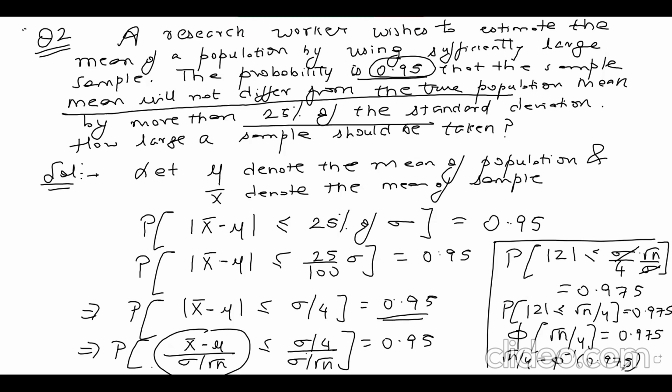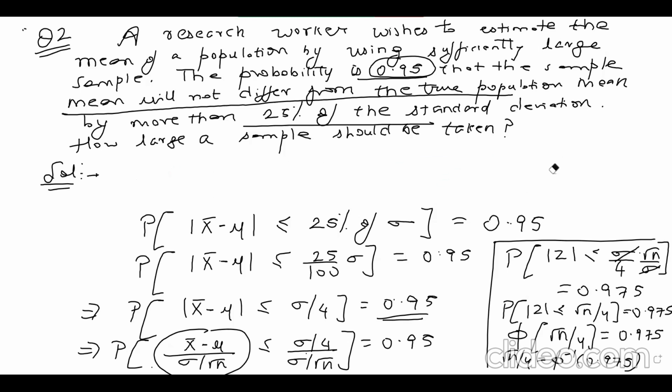How much is phi inverse of 0.975? In the last question we found out that phi inverse of 0.975 is 1.96. So I can write root n by 4 is equal to 1.96. So root n is 1.96 multiplied by 4. It comes out as 7.84.